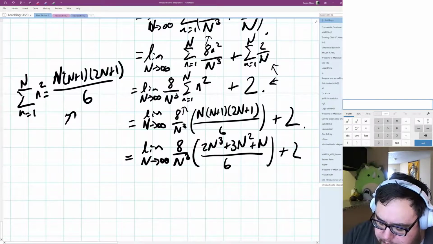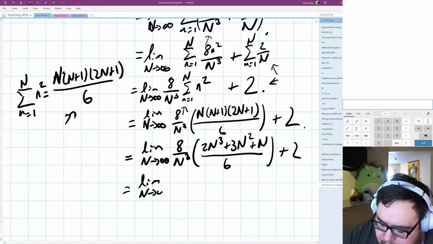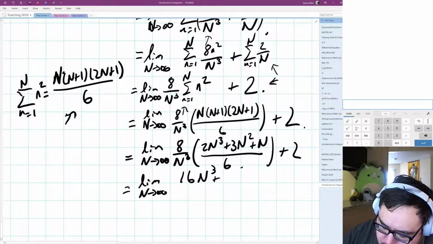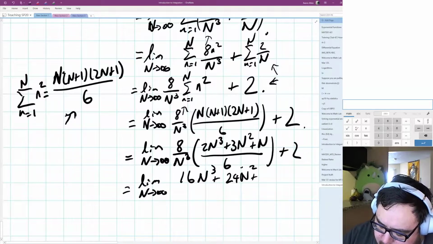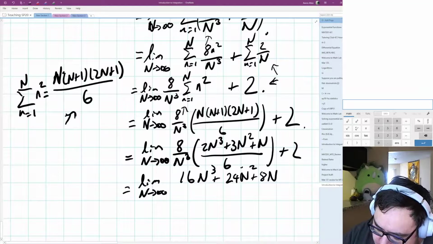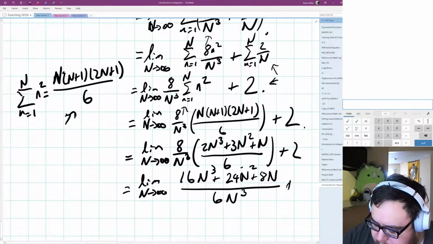And then we can distribute here and we get the limit as big N goes to infinity of 16N cubed plus 24N squared plus 8N over 6N cubed, plus 2.